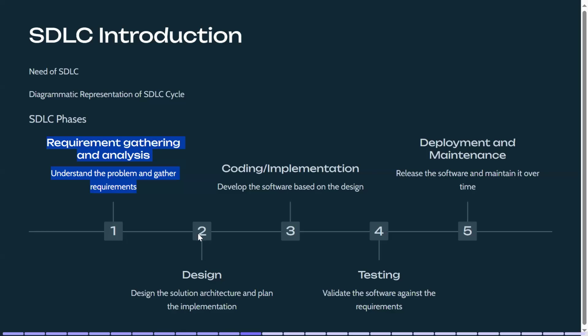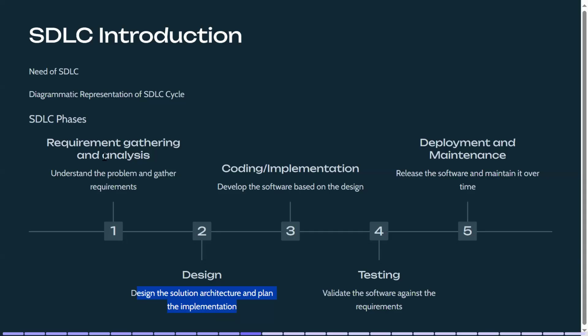Next, moving to the design phase. What is design? In this design phase, the solution architect plans the implementation. Whatever data we collected in the previous phase, requirement gathering and analysis, we will create design documents based on those requirements.